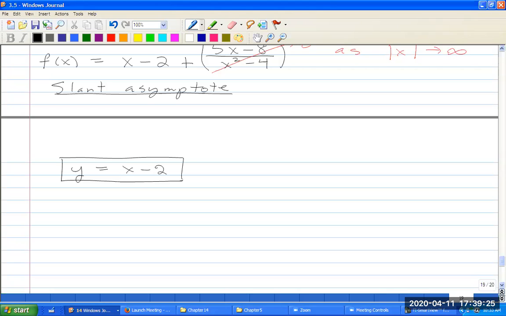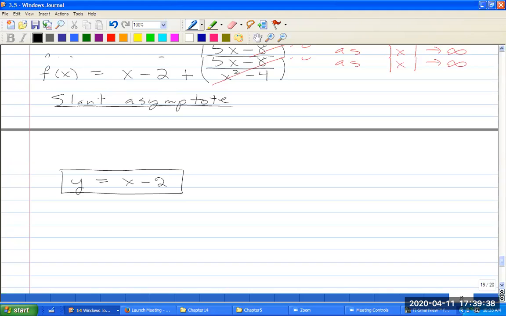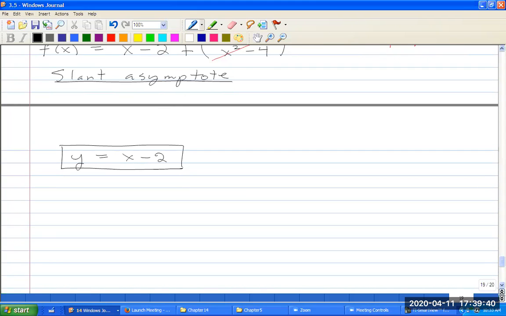Let me do some further asymptotic behavior as x approaches, say, 2.